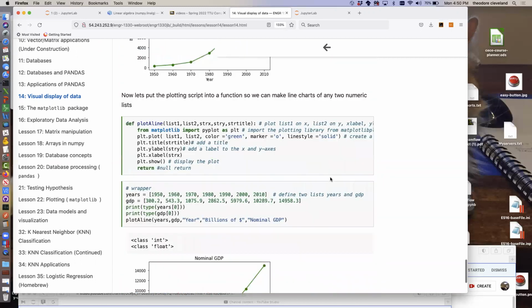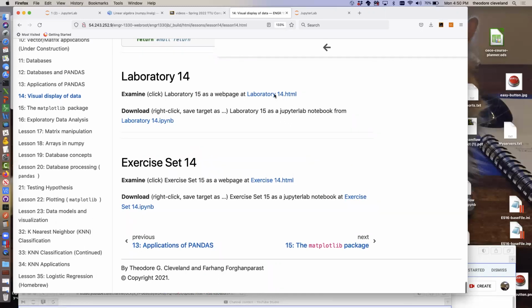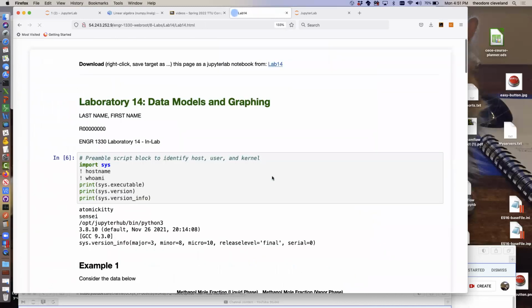Before you run off, let's go take a look at the laboratory you're about to be inflicted upon. It should be up there because I just helped somebody work on it a few hours ago.